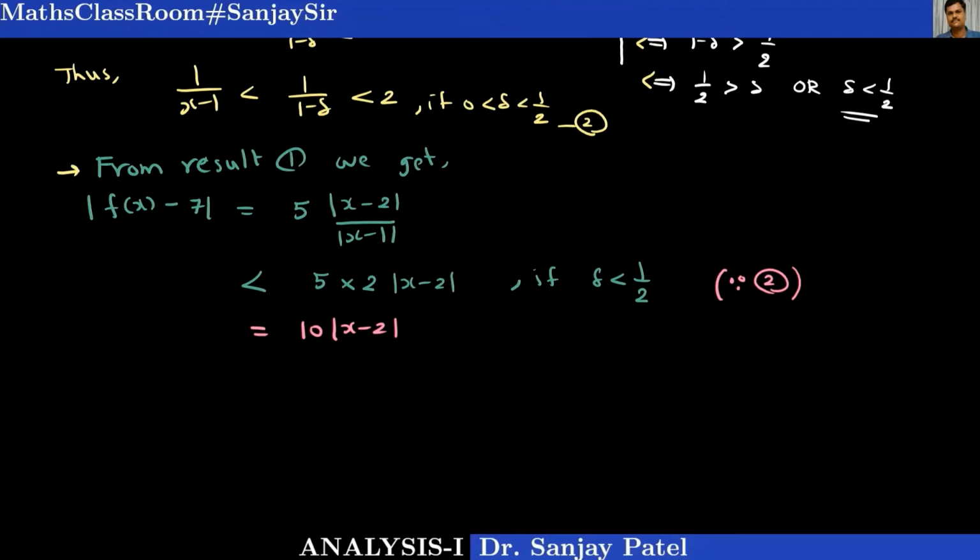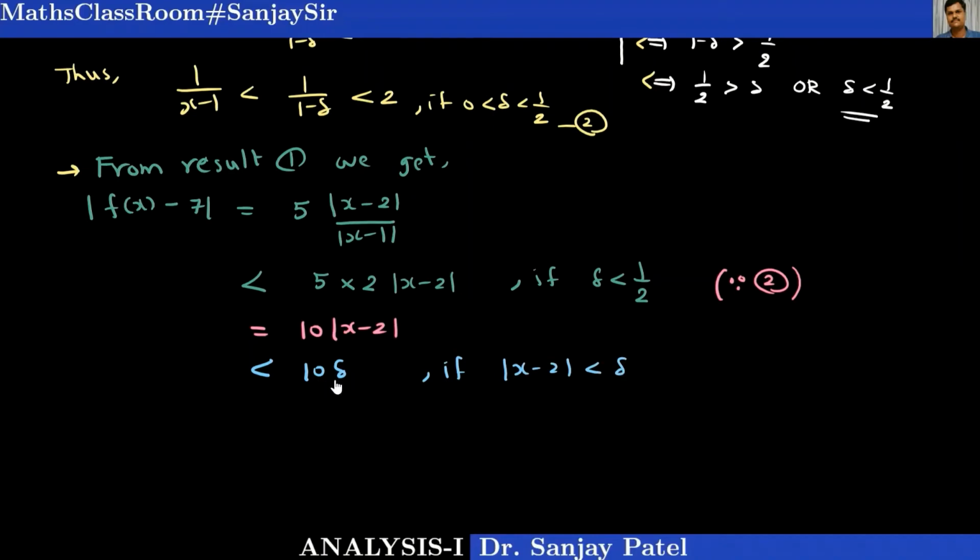So this is less than 10 times mod x minus 2, which is less than 10 delta if mod of x minus 2 is less than delta, and that was our condition.